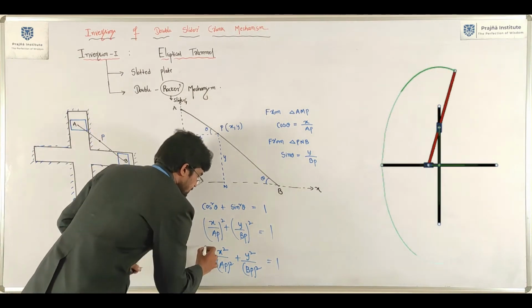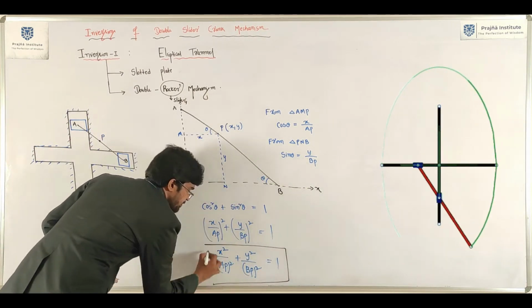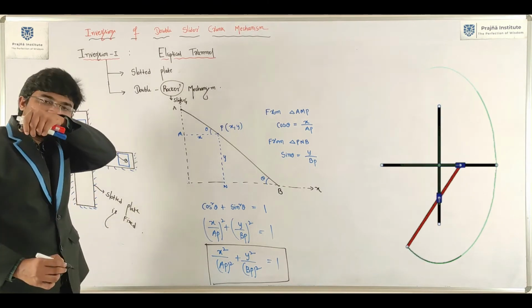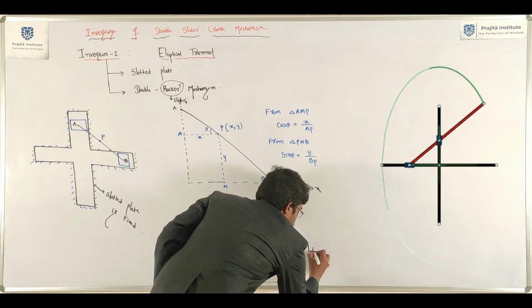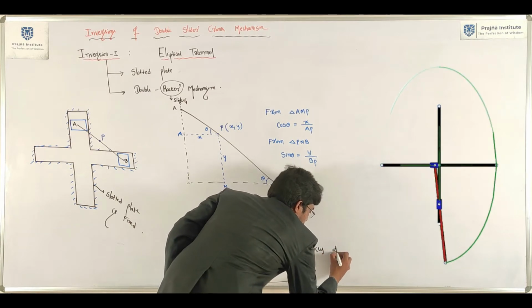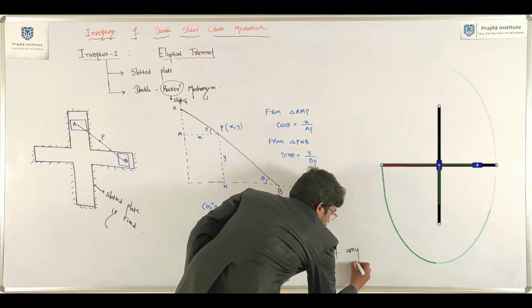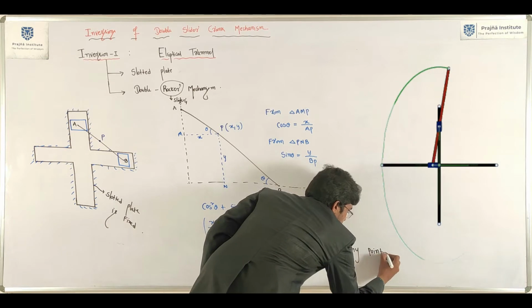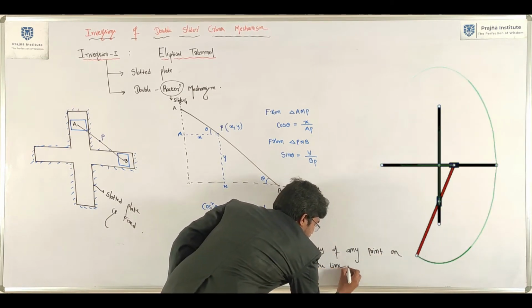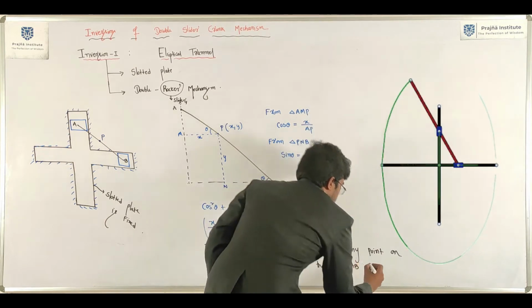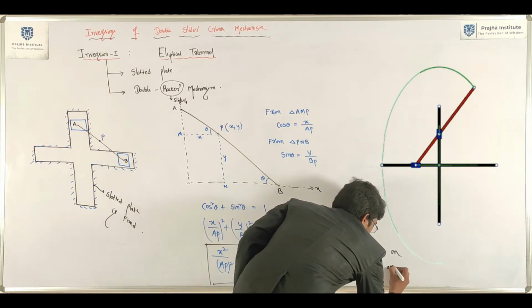Here, if AP is not equal to BP, in that case you will get an ellipse. It is the locus of any point on the link AB, and it is an ellipse.